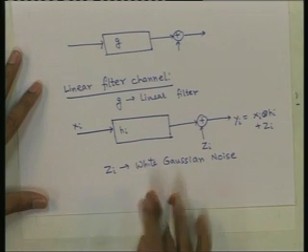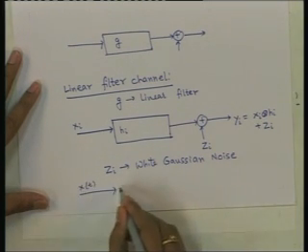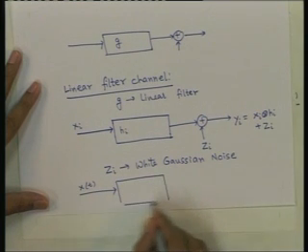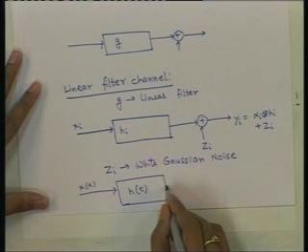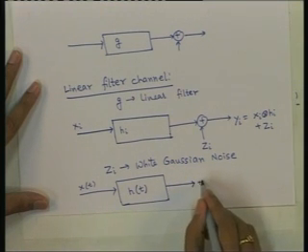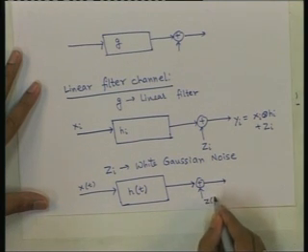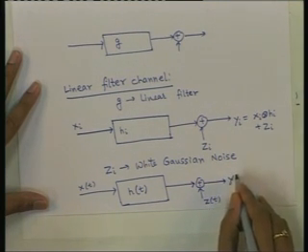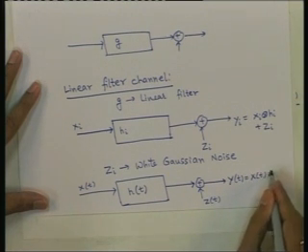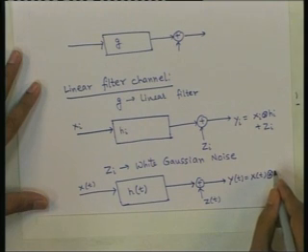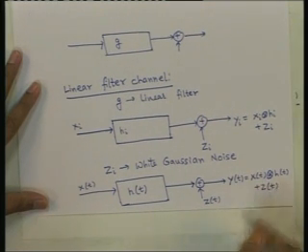And the continuous time version of this channel is simply xt, ht is the impulse response, this is zt, and the received signal yt is xt convolution ht plus zt.